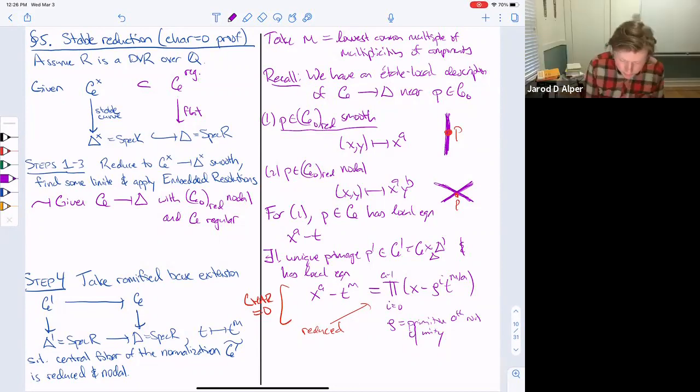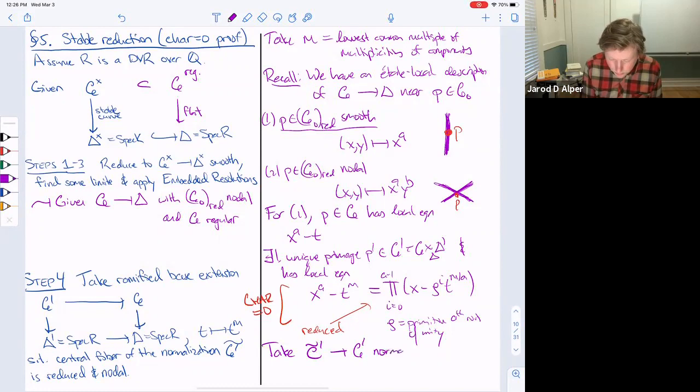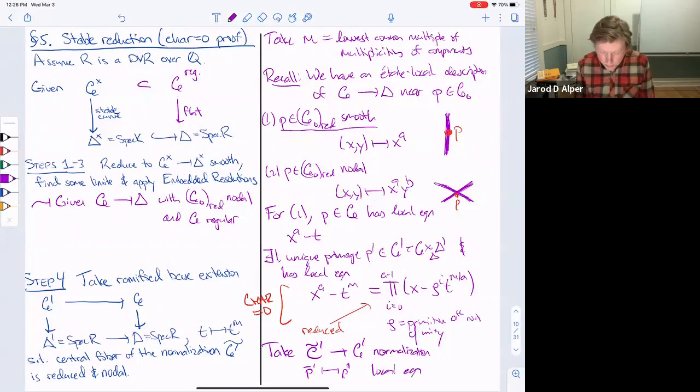No. So what I want now is to take C tilde prime, the normalization. And this has a preimage P tilde prime mapping to P prime, and this has a local equation like just one of these components.